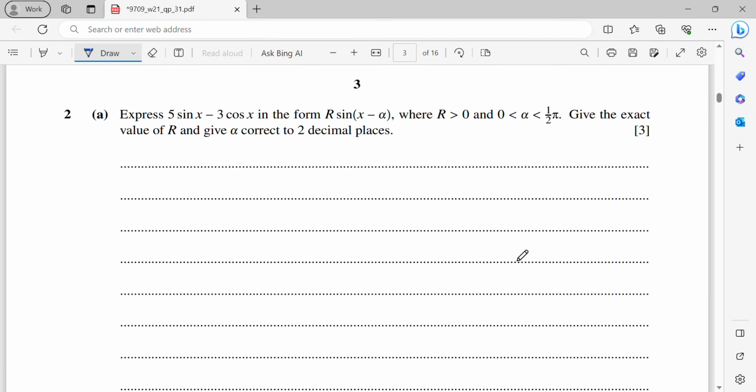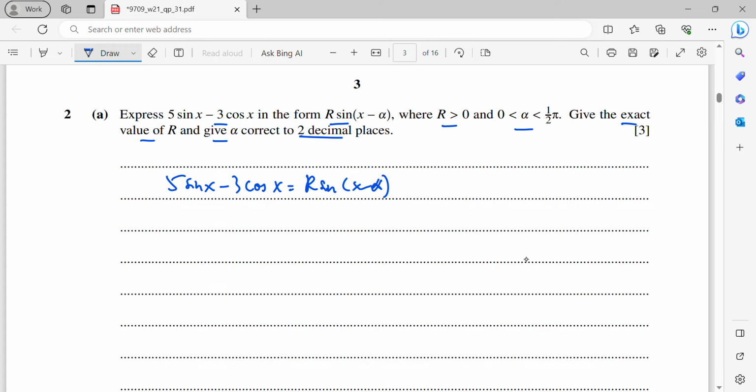Now, question 2a. Express 5 sin x minus 3 cos x in the form of r sin(x minus alpha), where r is greater than 0 and alpha is in the first quadrant. Find the exact value of r and give alpha correct to 2 decimal places. So 5 sin x minus 3 cos x equals r sin(x minus alpha).